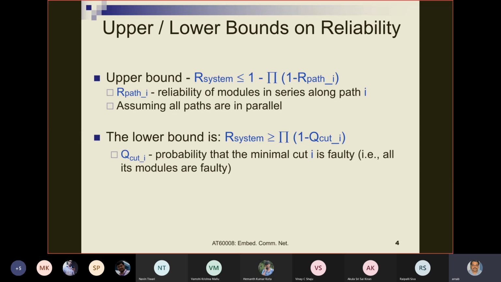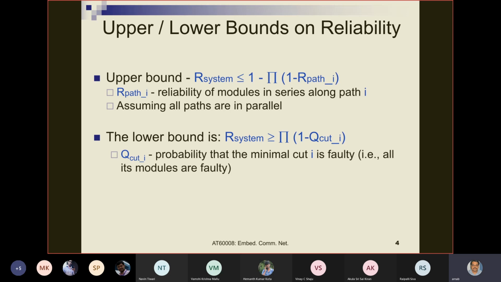We said that to determine the upper bound, we will find out what are the independent series paths in the system, and then we will find out what is the probability of all these series paths failing simultaneously.